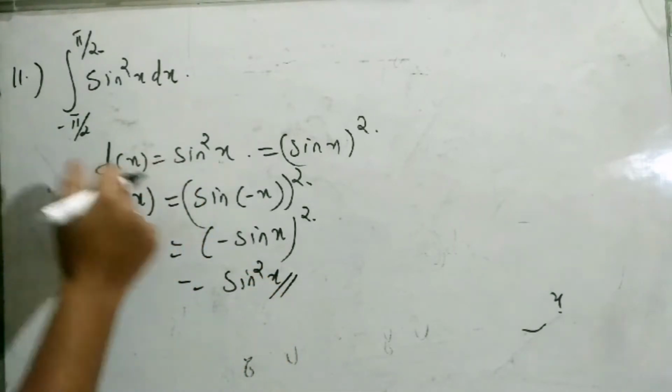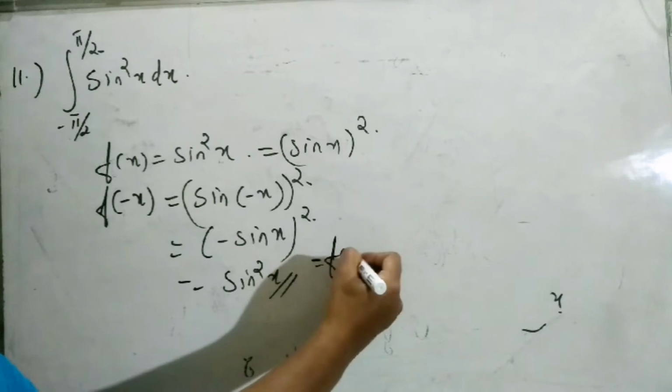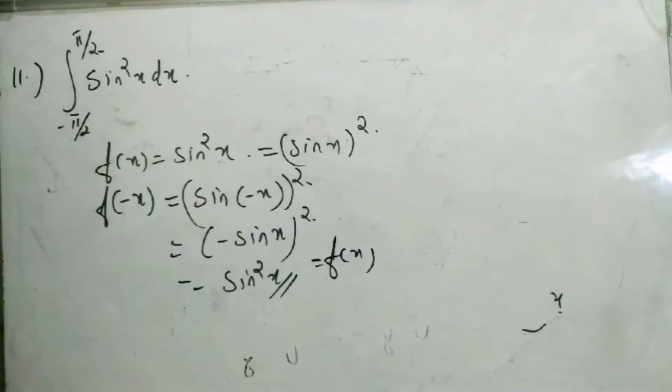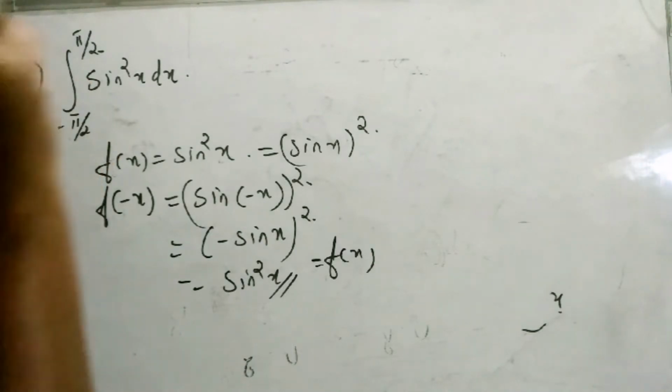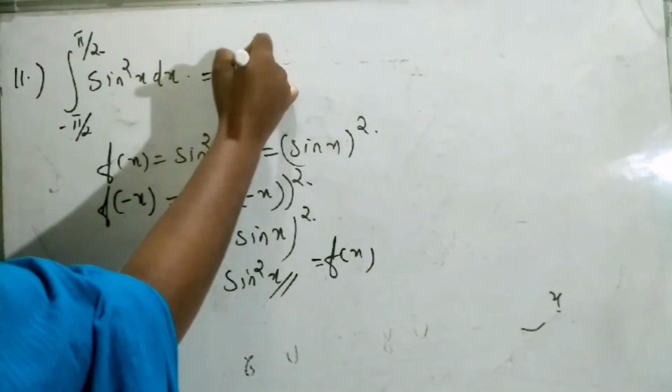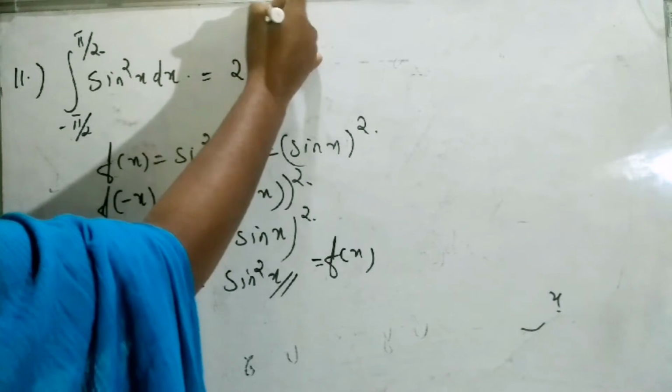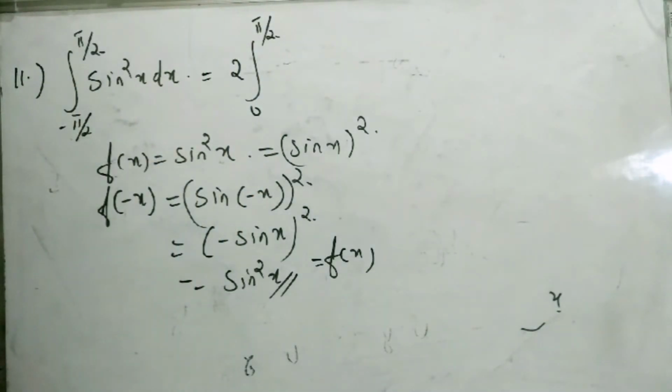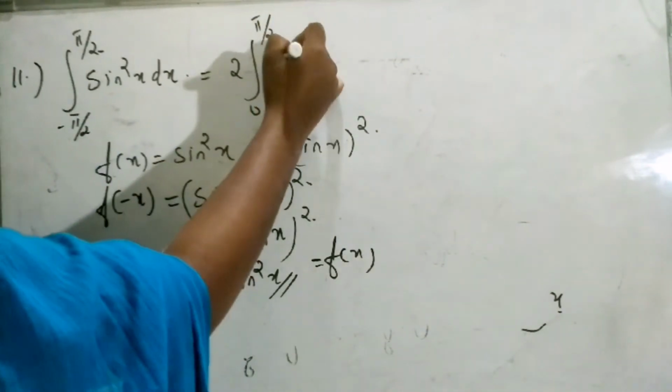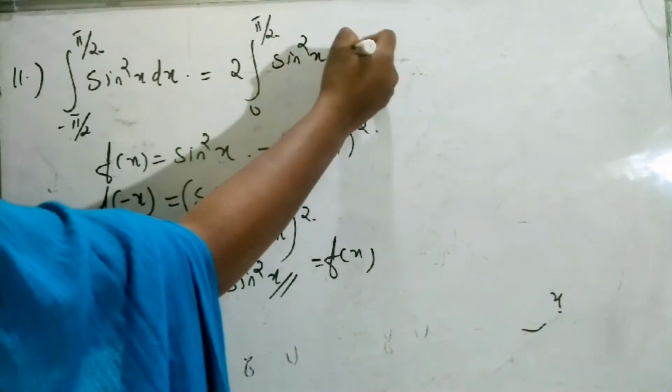And if you take the square, you will get sine square x only. What is sine square x? That is our f of x. So we got f of minus x is equal to f of x. That means this is an even function. So we can use that first property, that is 2 into integral 0 to pi by 2 sine square x dx.